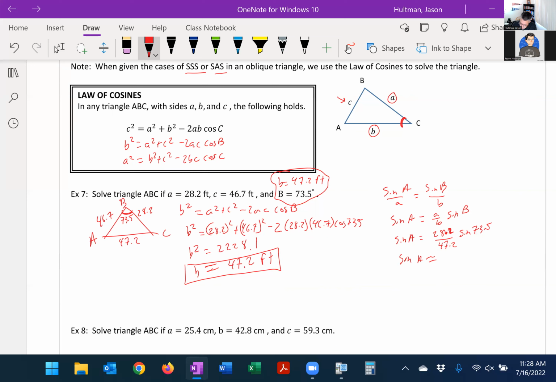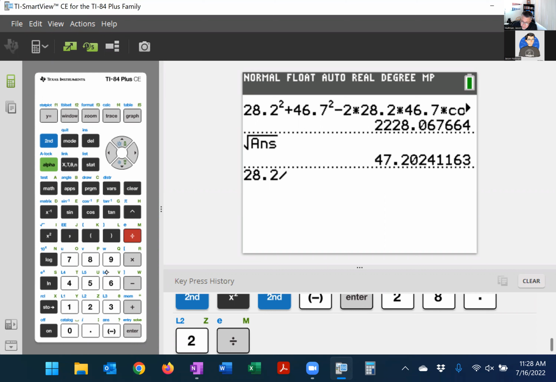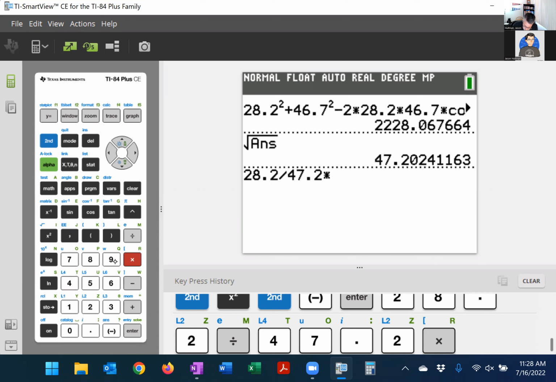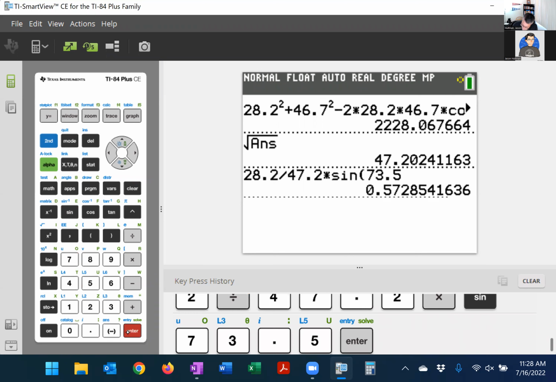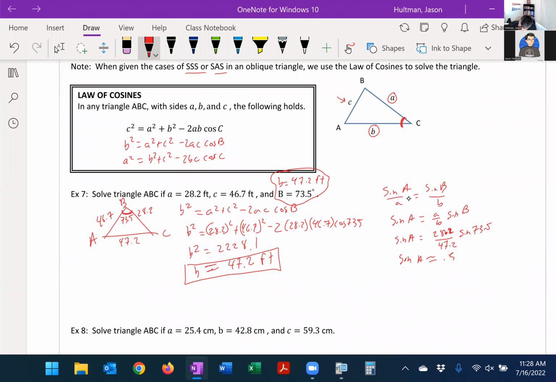However, we're going to have to take the inverse sine of that value in order to get the angle. So we're going to take 28.2 divided by 47.2 times the sine of 73.5. Okay, that's about 0.5729. And now A is approximately what?